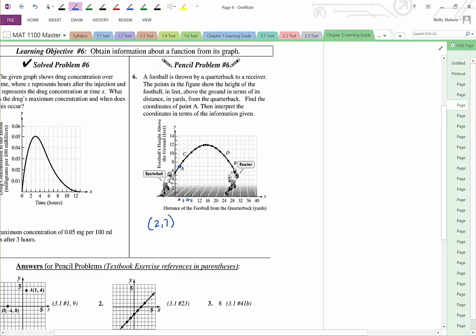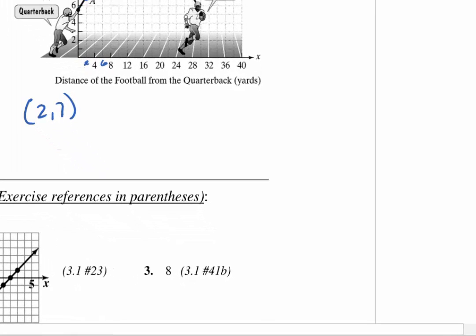And as I interpret that, remember that the horizontal axis is your x values. And if we look back in the problem, it says that we have the distance of the football from the quarterback in yards.